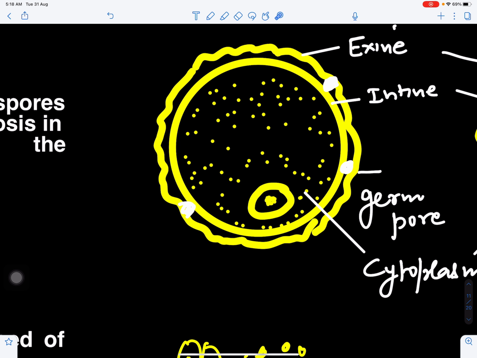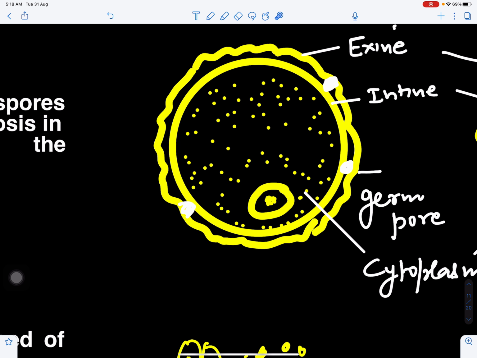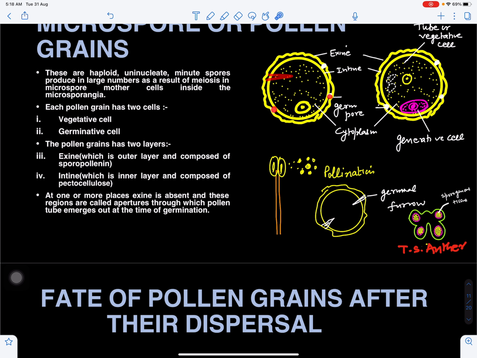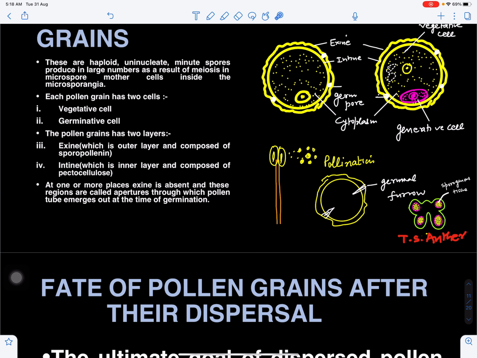Exine is quite thick, but it may be thin at certain places. Here it is thin, so this thin area is called the germ pore. This is the region from where the pollen grain will germinate to form the pollen tube. This may be rounded like this, or it may be present in the form of a furrow. When it is present in the form of a furrow, it is called a germinal furrow. The number of these thin areas also varies. Here we can see 1, 2 and 3.